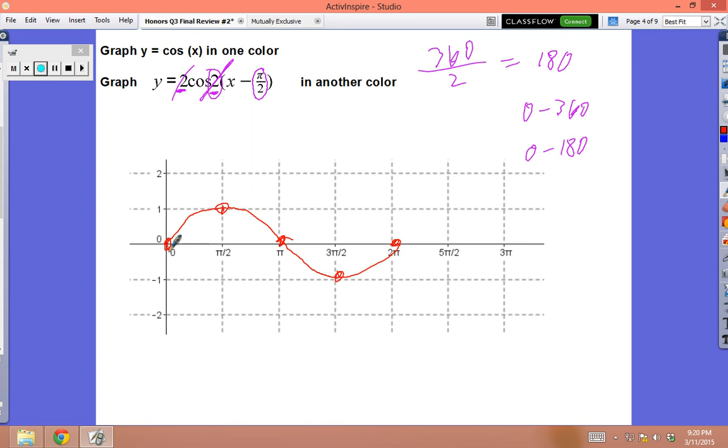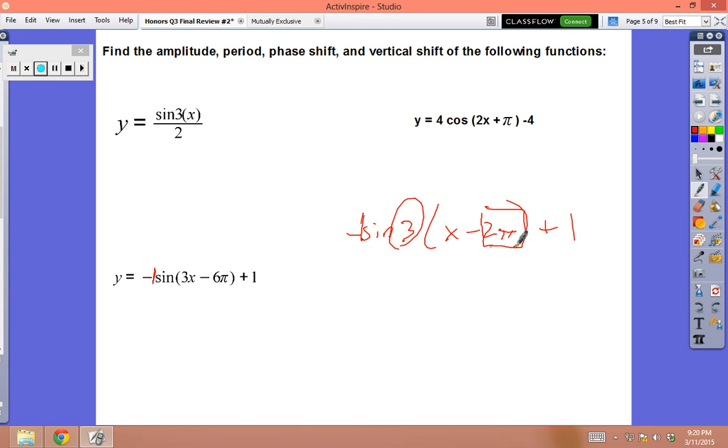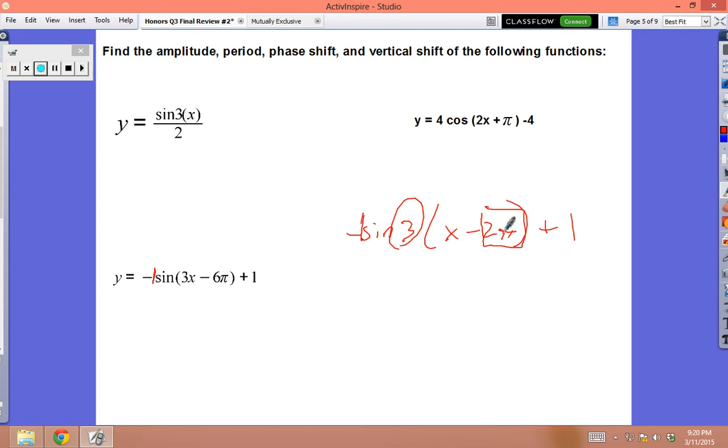If I shift this dot over 360 and this dot over 360, you're not going to see at all that it has moved anything to the right or left. So my phase shift is 360, and then my vertical shift is up 1.